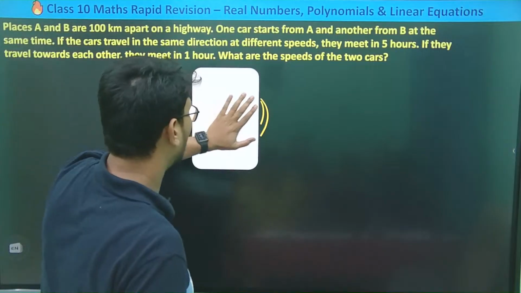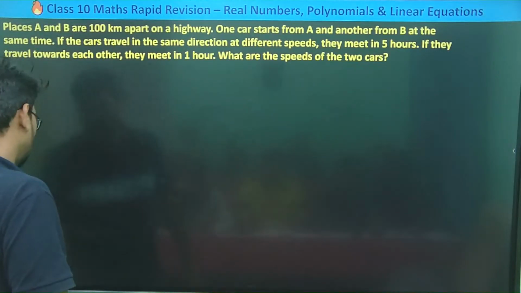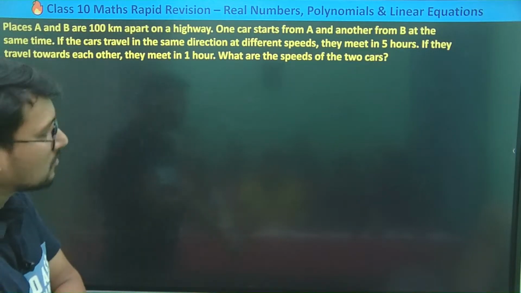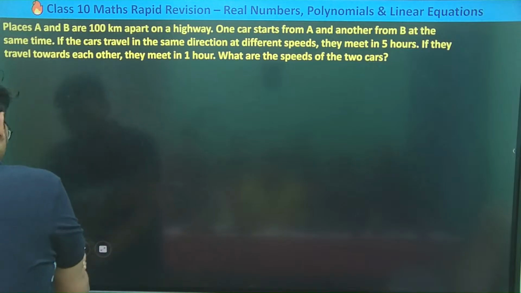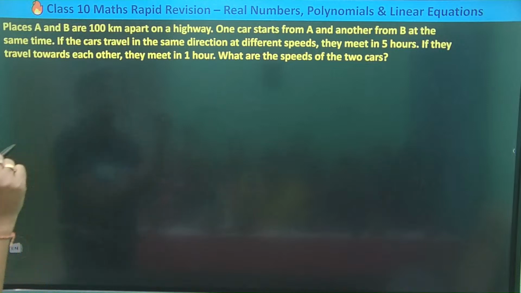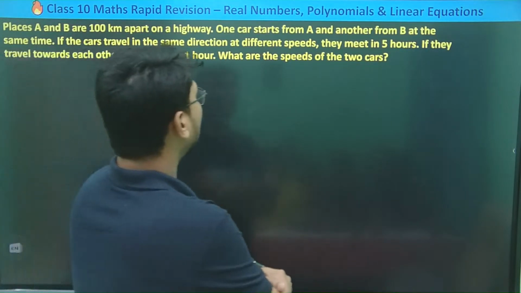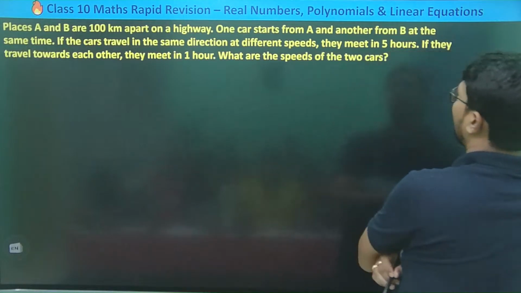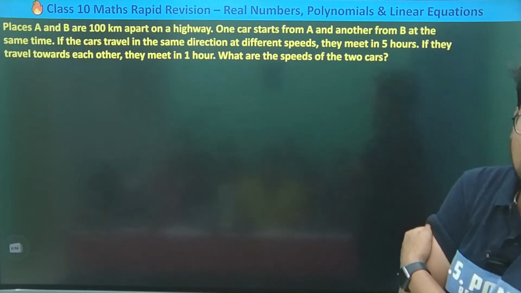Okay, first example, yours. This is, I think, right. Okay, let us solve. Places A and B are 100 kilometers apart on a highway. One car starts from A, another from B at the same time.